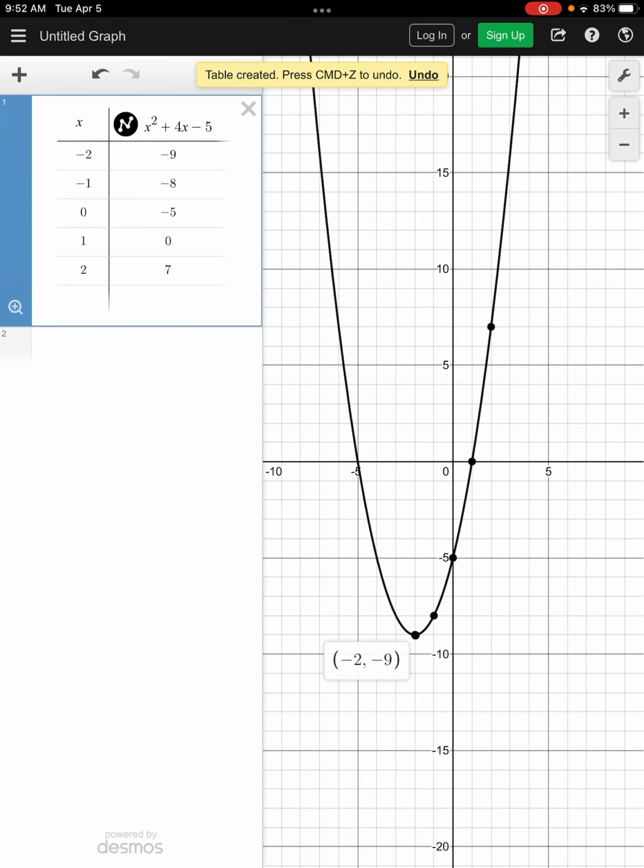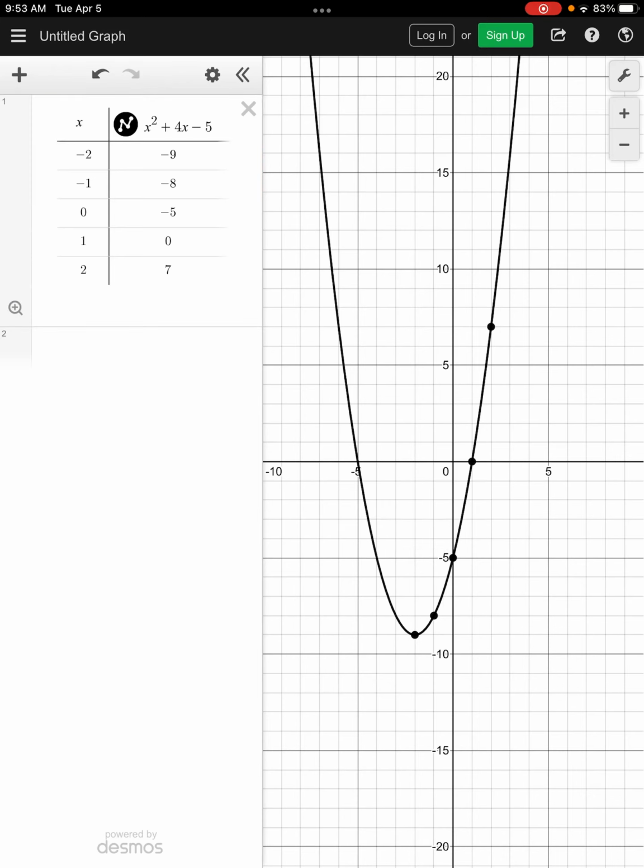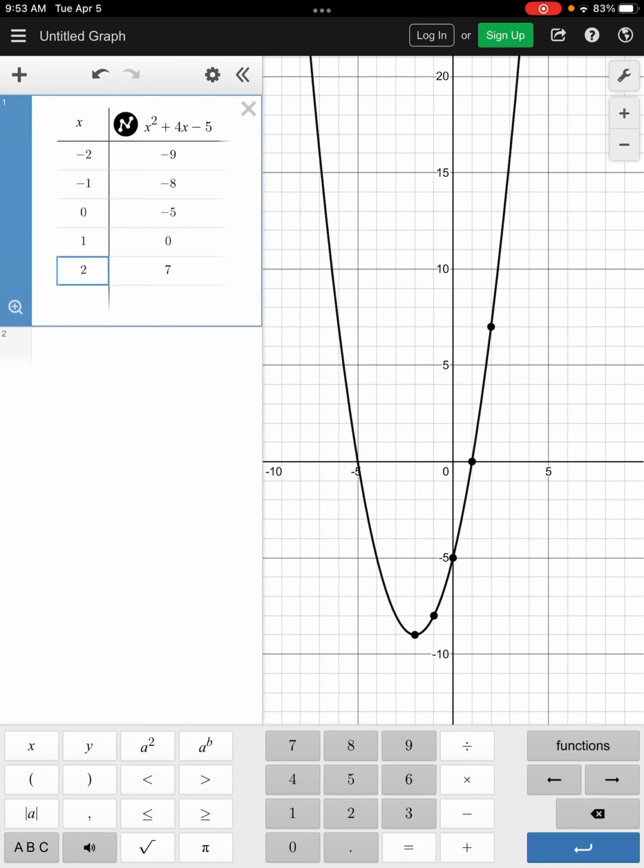If you notice, all these points are on the right side of the graph. To draw a really nice quadratic, I want coordinates on the left side of the graph too. Looking at my numbers, I have the x values of 2, 1, 0, negative 1, negative 2. What's going to be my next number? I'm going to go up to the table and type in negative 3.